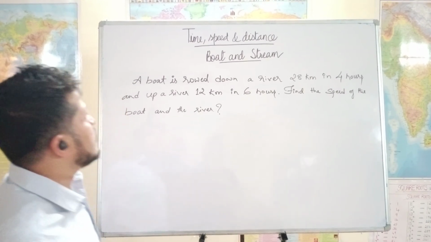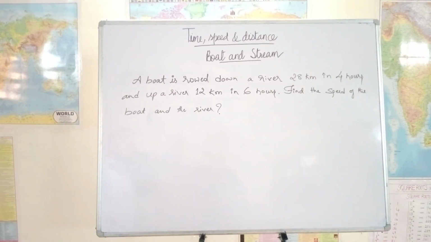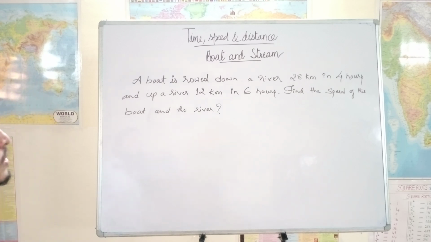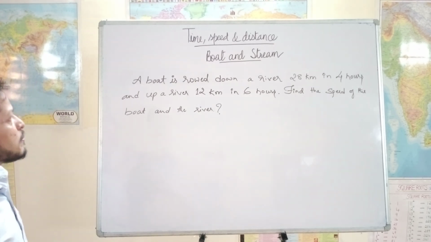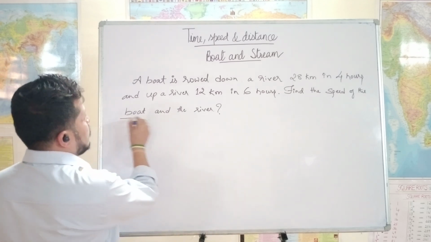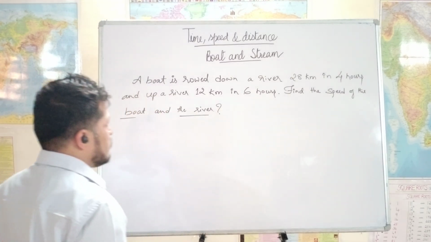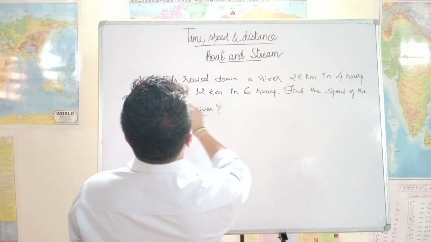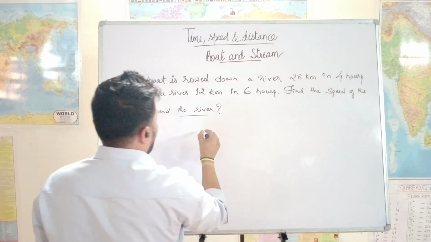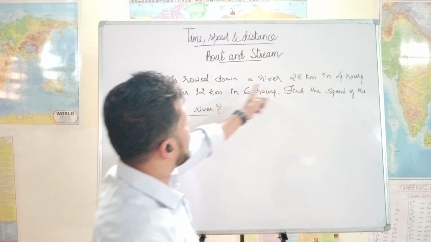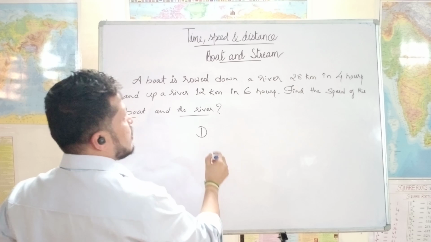Okay, we have a question here. A boat is rowed down a river 28 kilometers in 4 hours and up a river 12 kilometers in 6 hours. Find the speed of the boat and the river. First we have d, the speed of the boat rowed down the river, is 28 km in 4 hours.